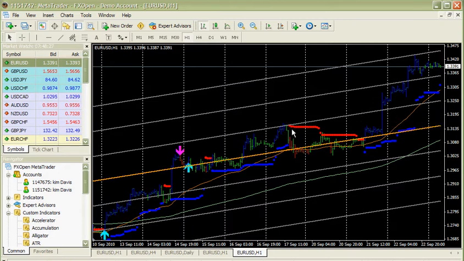So in this case, this gray line here serves as your resistance level, and also the third level here serves as one of the support levels. You could use that as an exit place, or this one as an exit place, to help you identify appropriate exit areas.